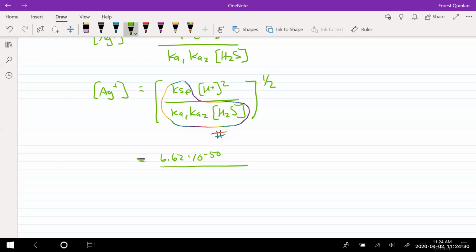I'm going to take our Ka1, which was 9.1 times 10 to the minus 8, our Ka2 of 1.0 times 10 to the minus 12, and our H2S of 0.1. That is all to the 1/2, and now times H+. And it's not squared anymore because I took the square root of it.